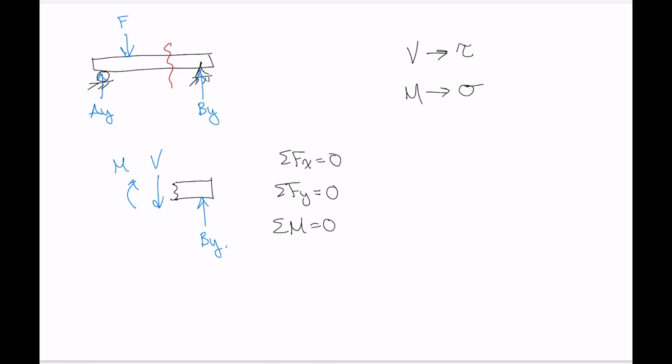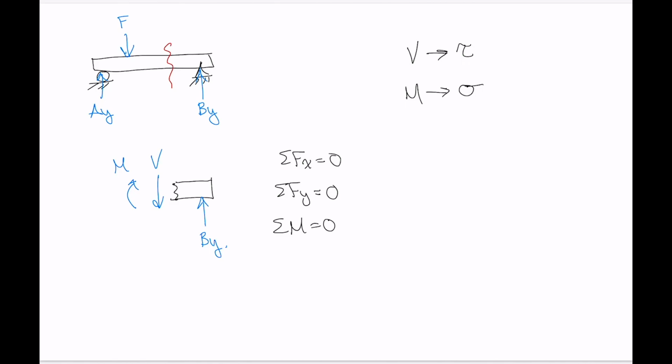And because those stresses, the shear stress arising from an internal shear force and a normal stress arising from an internal moment, are proportional to those internal forces, in cases where we're looking for the maximum stress, either the maximum shear stress within a beam or the maximum normal stress due to an internal moment within a beam, what we want to know is, first of all, what is the maximum internal shear force along the length of the beam, and what's the maximum internal moment along the length of the beam.